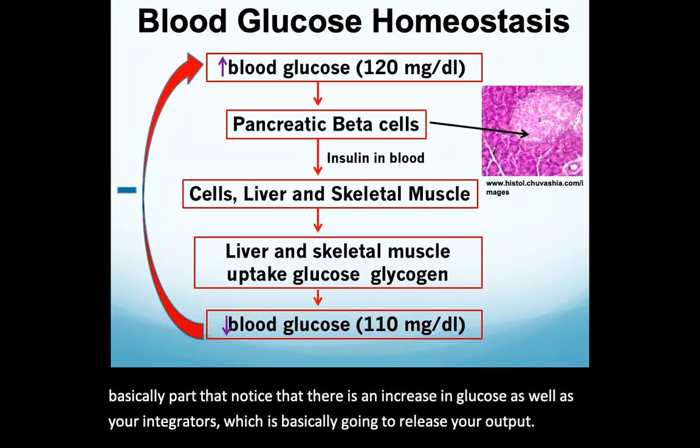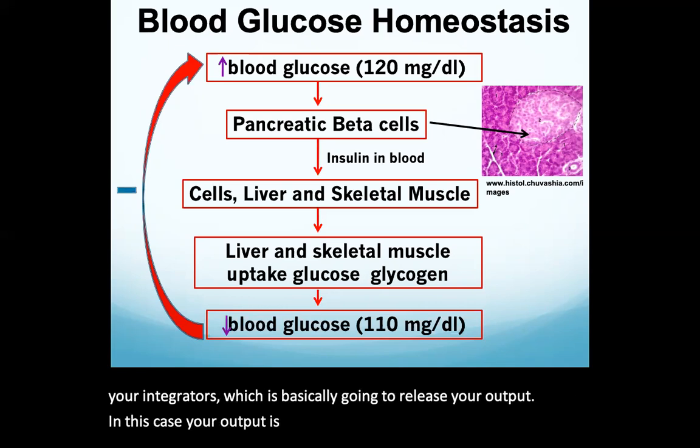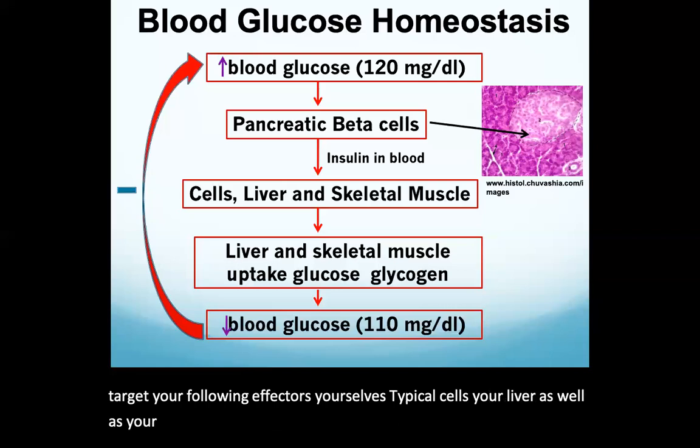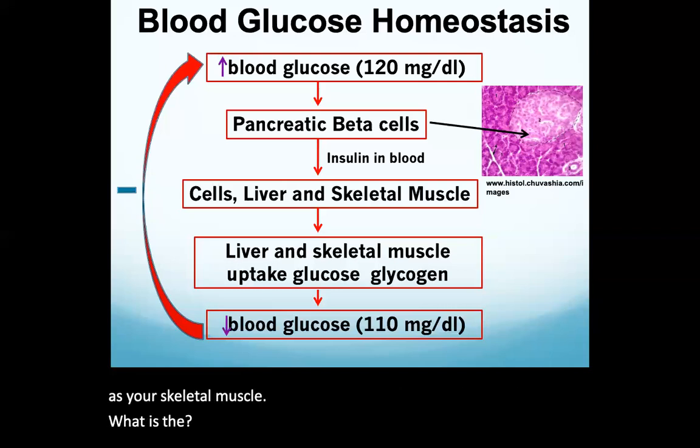In this case, your output is your insulin. So insulin is going to target your following effectors: your typical cells, your liver, as well as your skeletal muscle. What is the response of these effectors when insulin is present?